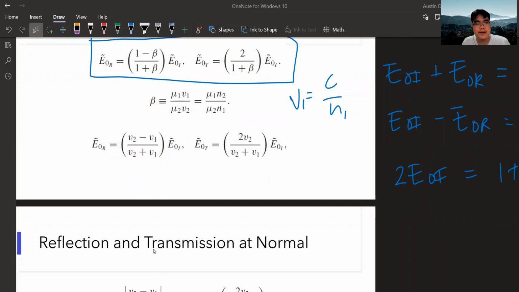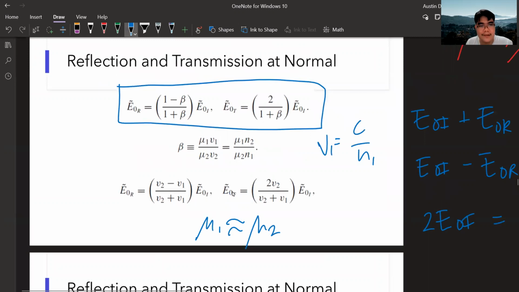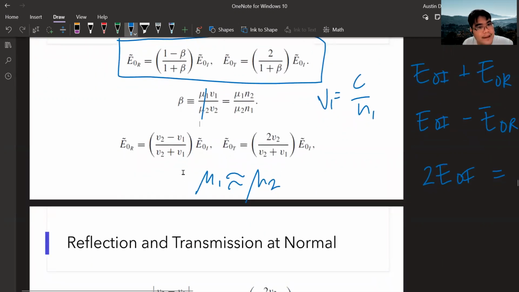Okay. Now, di ba sabi ko nga, for most media, mu1 is approximately equal to mu2. Okay, when you have this assumption, then beta becomes V1 over V2. Then this guy simplifies to this one. Okay? And then if it is in phase, if E naught I and E naught R are in phase, then ito yung makukuha mo.